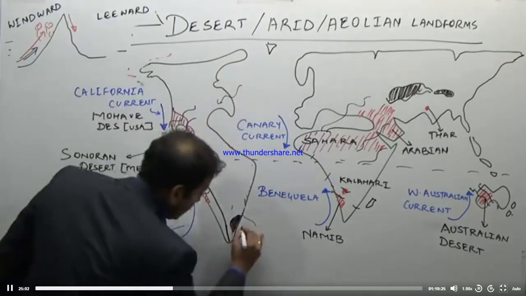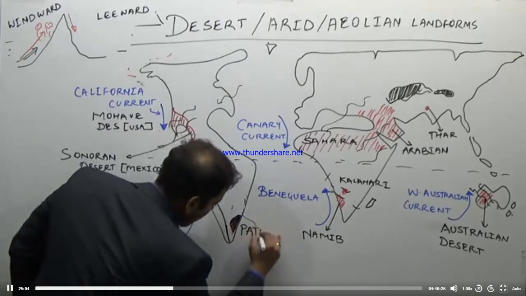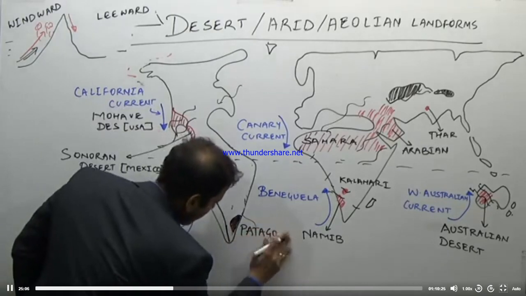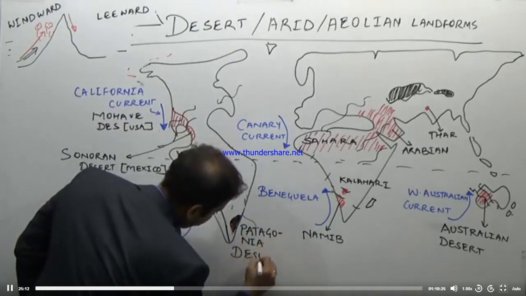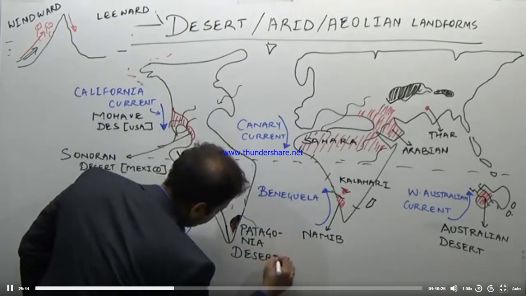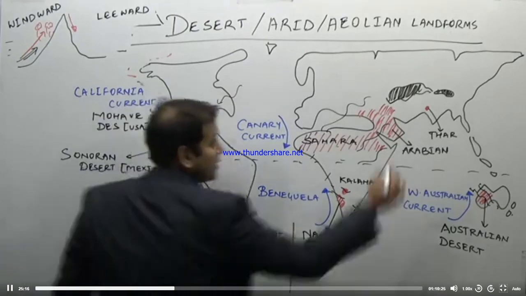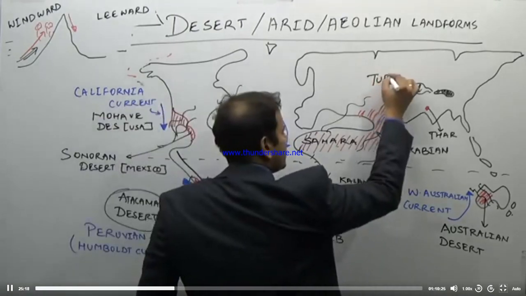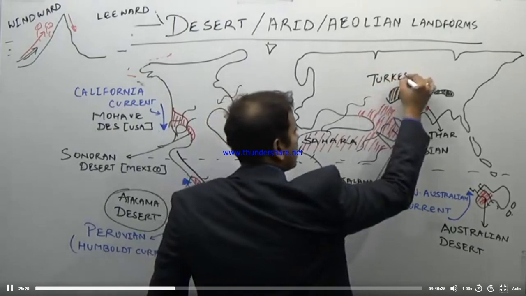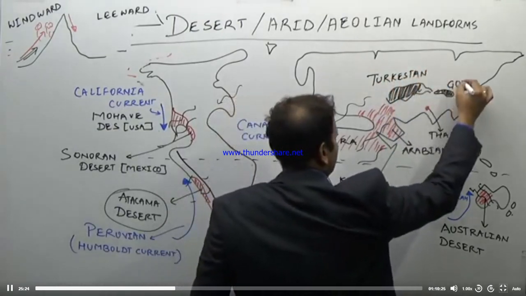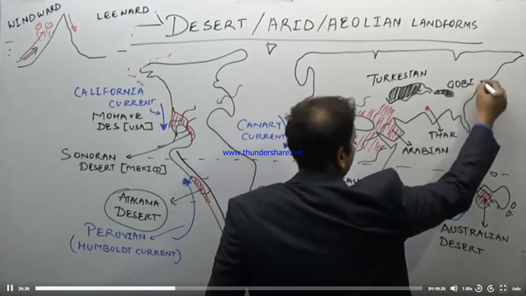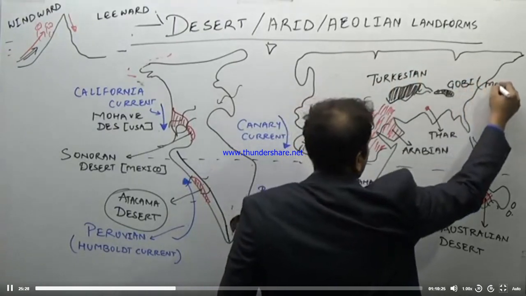So it results into Patagonia Desert. It results into Turkestan Desert. It results into Gobi Desert of which country? Mongolia.